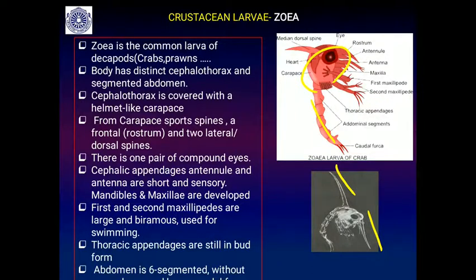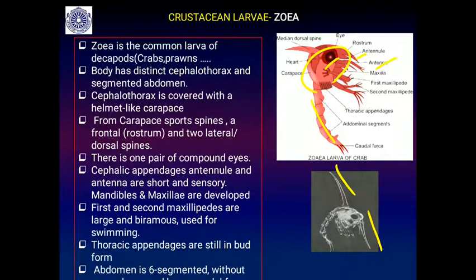There is one pair of compound eyes. You will be able to see the cephalic appendages. You have studied already the cephalic appendages, the antennule, then antenna, and the mandibles, maxillae.